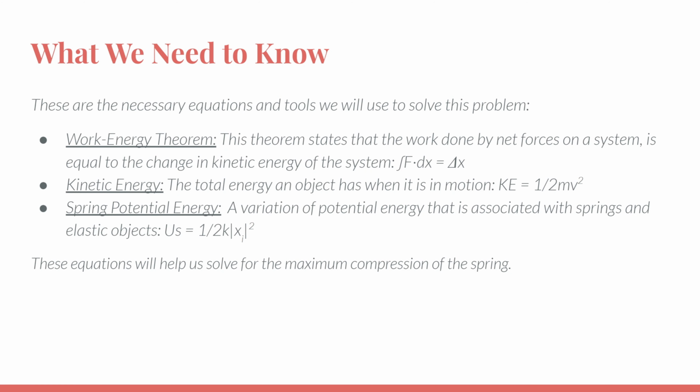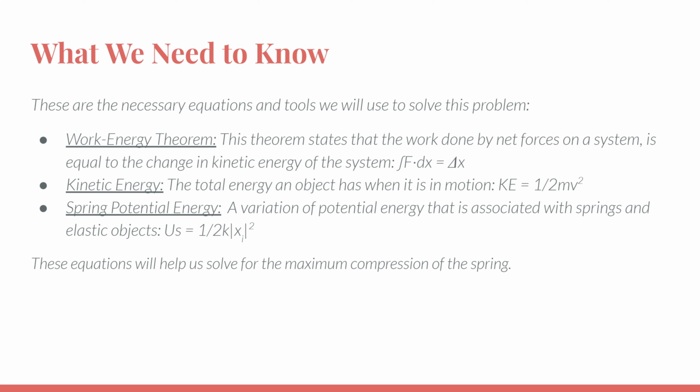Here's some more info on what we need to know to solve this problem. These are the necessary equations and tools we use to solve this problem. The first is the work energy theorem. This theorem states that the work done by net forces on a system is equal to the change in kinetic energy of the system. So we have the integral of F dx is equal to the change in kinetic energy. Next, we have kinetic energy, which is the total energy an object has when it is in motion.